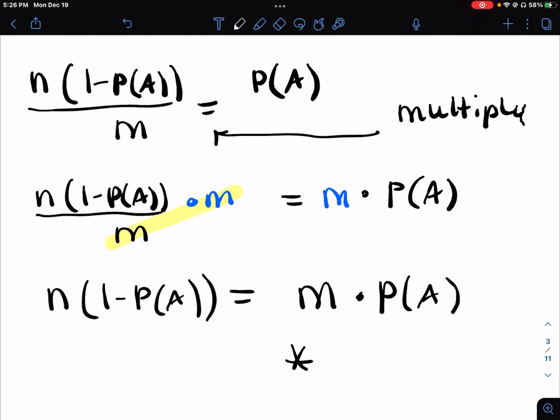Okay, so this is one little piece of this WebAssign question. It asks you what n times 1 minus p equals. Now I think it already has p parentheses a, so it's asking you what goes in front of it, and that's m.